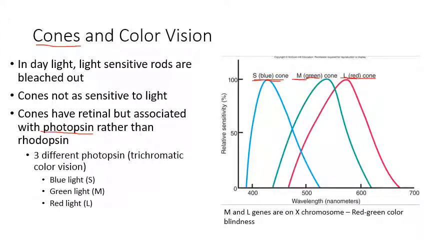Okay, so this is what we call trichromatic color vision. We have three different colors which we put together to give us our different colors.